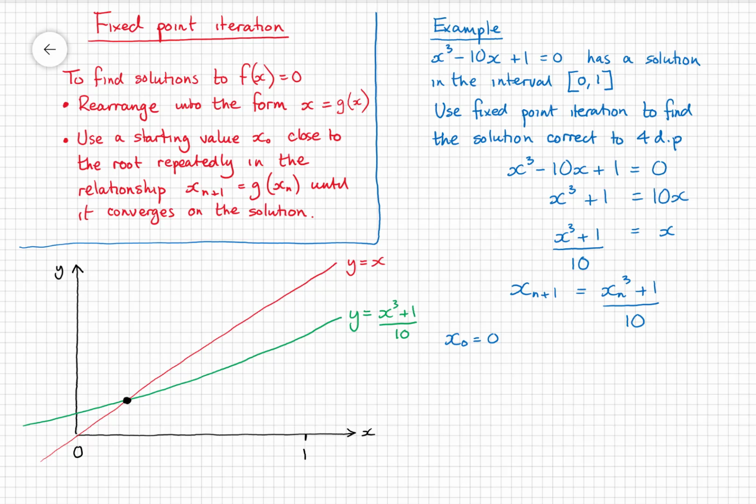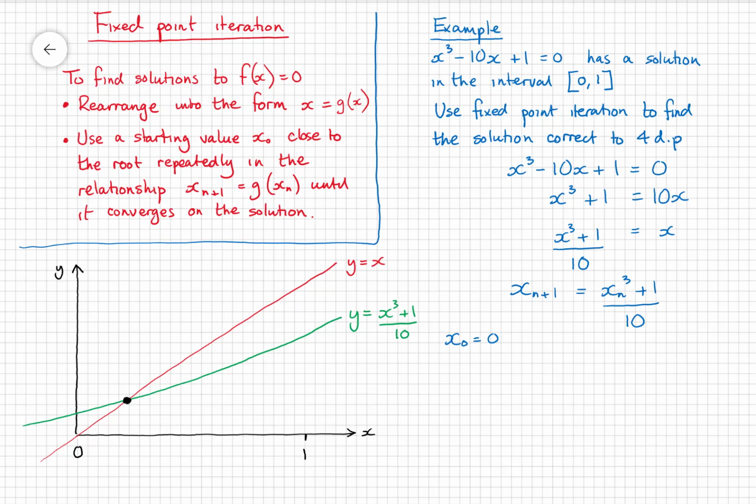And now, in order to enter xn cubed plus 1 over 10, open up a fraction, and in the numerator press answer cubed plus 1, the down arrow to get into the denominator, type 10, and then press equals, and that will give you the first value x1. And every time you press equals after this, you'll get the next value in the sequence x2, x3, and so on.